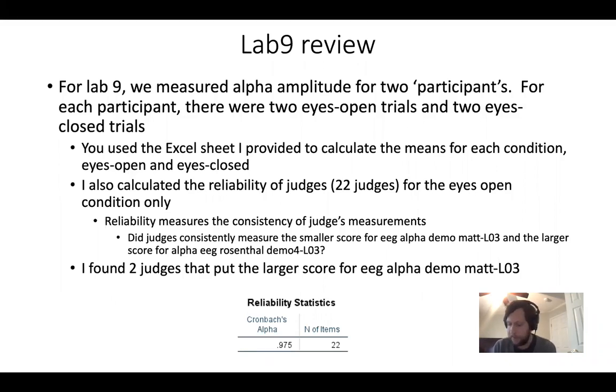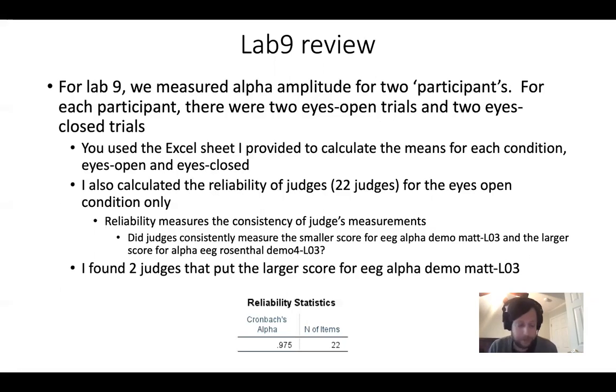For each experiment, there were 2 conditions: one where my eyes were open, and the other where my eyes were closed. For each participant, for each data file, there were 2 trials for each condition. So there were 4 total trials, 2 for the eyes open condition and 2 for the eyes closed condition.